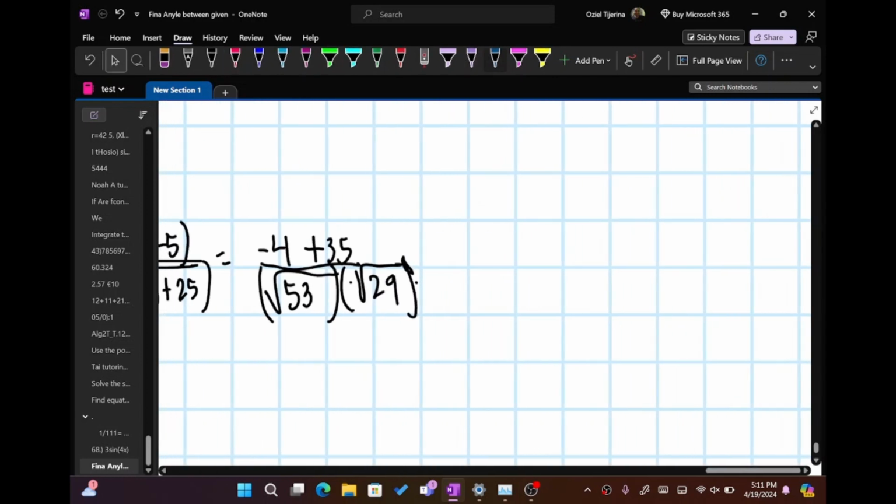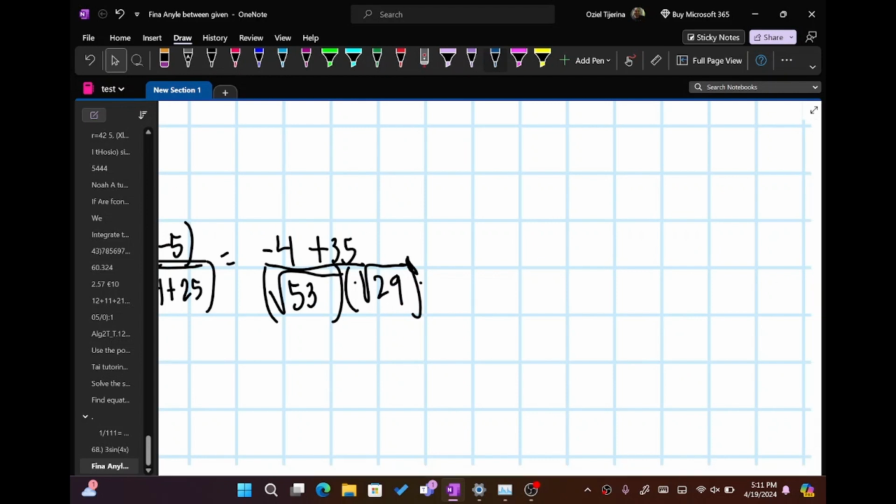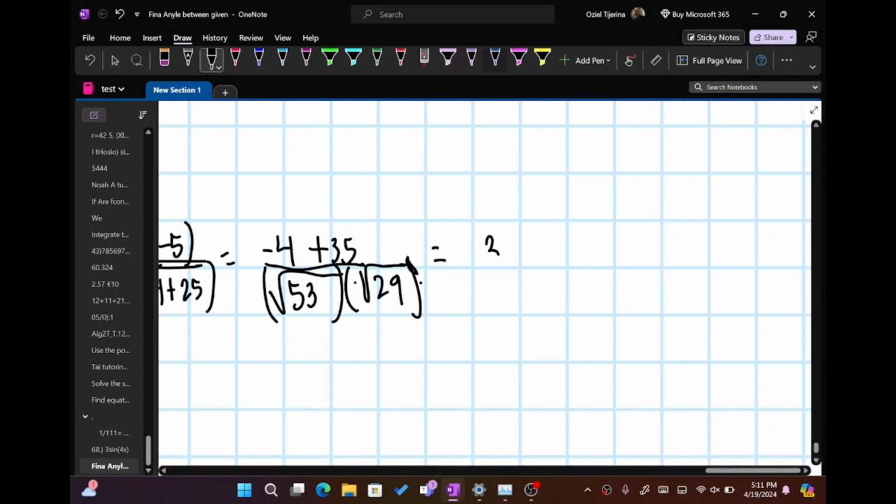Okay. At this point, guys, we're really not gonna simplify the square root of 53 or square root of 29. Just multiply them. So really, this is equal to 31 over the square root of 1537.